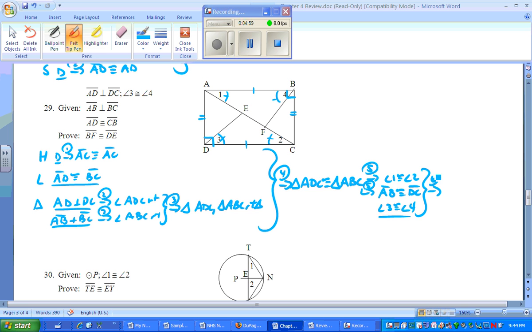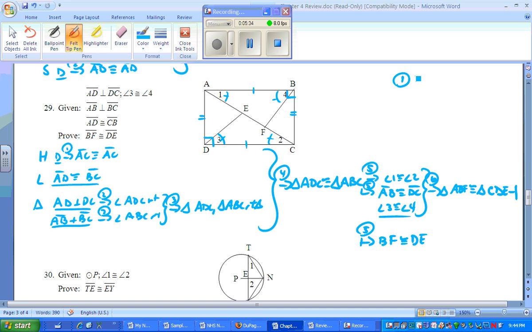Angle, side, angle. Reason 6, triangle ABE, I'm sorry, ABF, change that to an F, is congruent to triangle CDE, which then we ran out of room, which proves BF congruent to DE. And we'll put that as a 5 because it's the same thing.